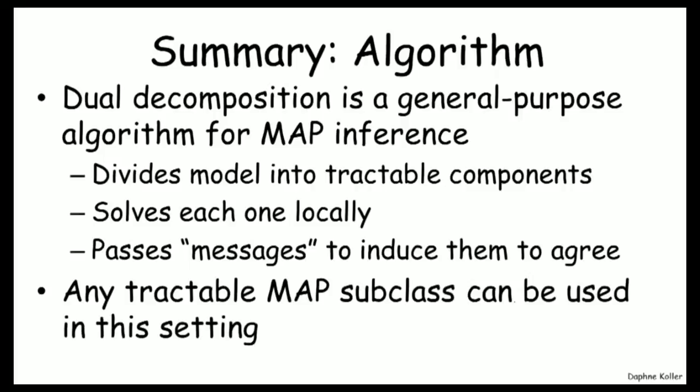And we've talked before about the presence of tractable MAP subclasses. Any tractable MAP subclass can be used in this setting as a slave, to allow slaves to be large and richly structured as opposed to just little tiny factors that are only making very myopic decisions based on minimal information.